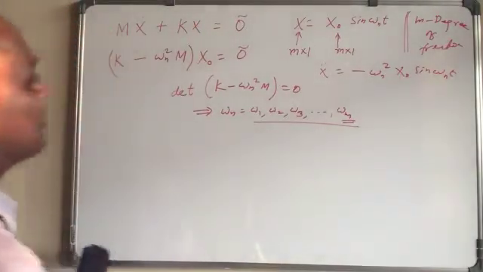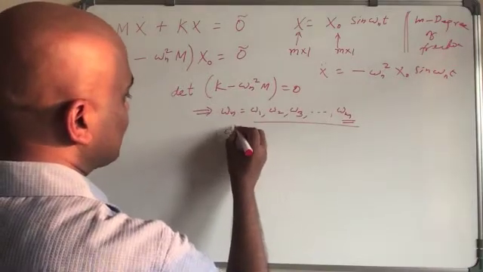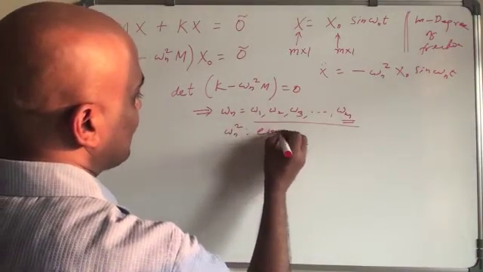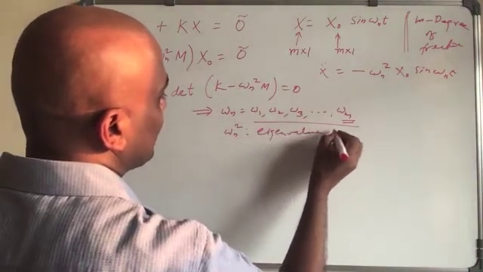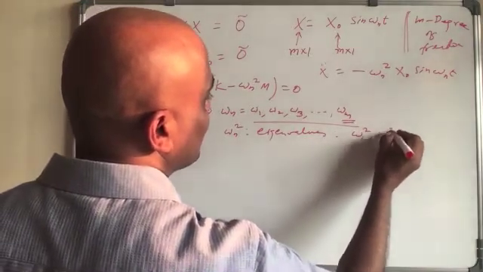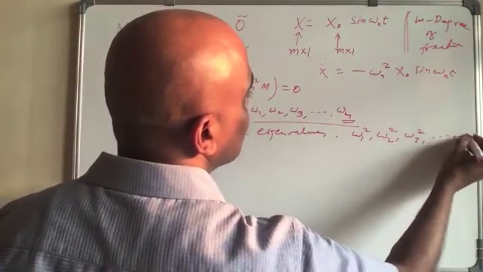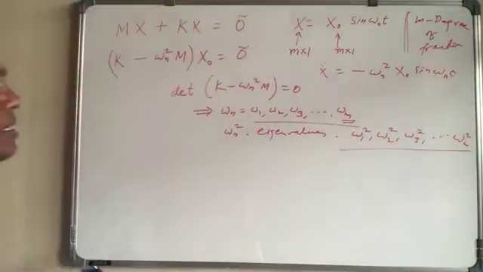Okay. Now, these omega n squares are the eigenvalues, right? So this is omega 1 square, omega 2 square, omega 3 square up to omega m square, all are eigenvalues.